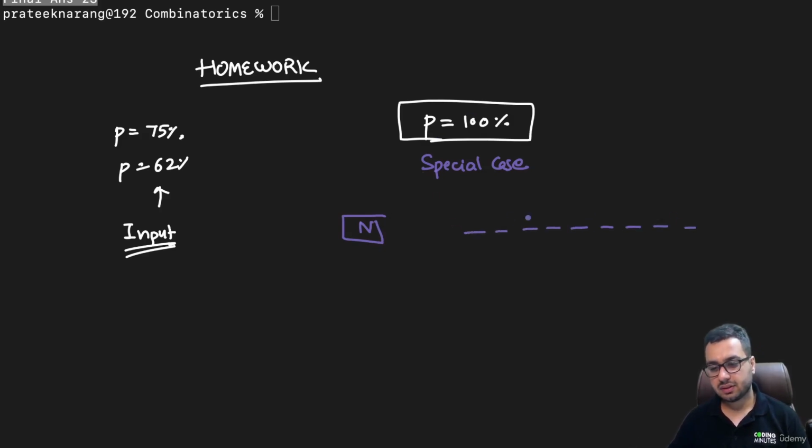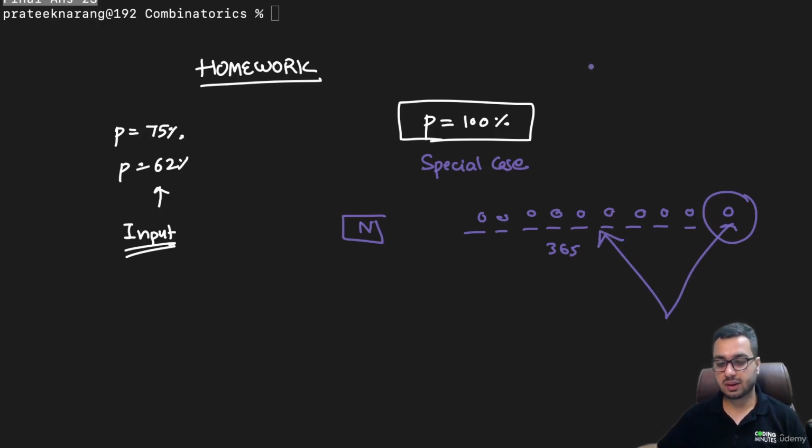If I have 365 buckets, and if I put 366 people inside the hall, then at least two people are going to have the same birthday. So you can have input such that if p is equal to 1, then you can print 366. This is a special case that you should be able to handle. And that's it for this lecture.